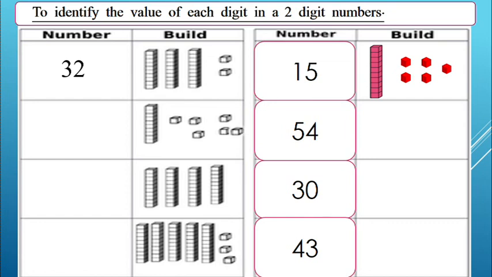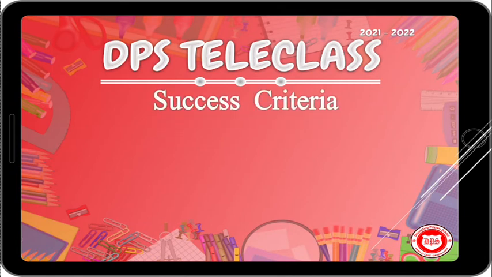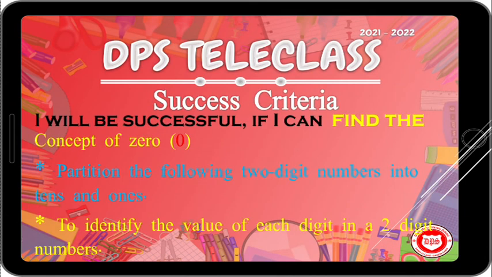Children, please do this worksheet in your maths notebook. Success criteria. I will be successful if I can understand the concept of zero, and partition the following 2-digit numbers into tens and ones to identify the value of each digit in 2-digit numbers.